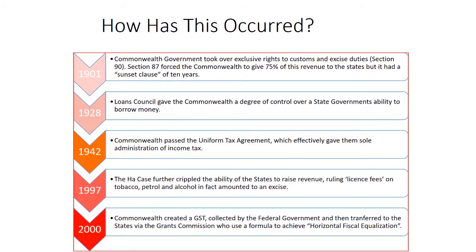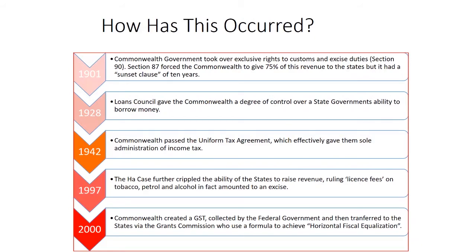And finally, in the year 2000, we have the invention of the goods and services tax, which one of the big selling points for John Howard's GST was that all of the money would be given to the states. However, what he failed to mention at the time, I suppose, was that it would be done on essentially an as-needs basis.